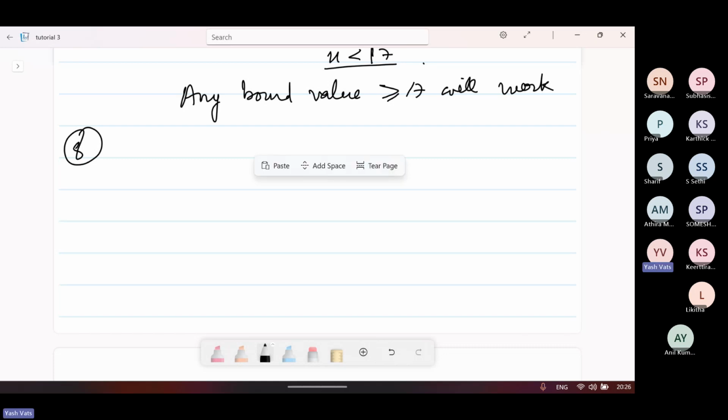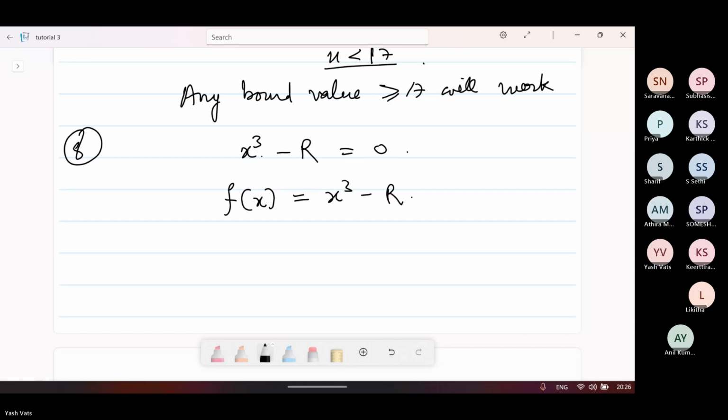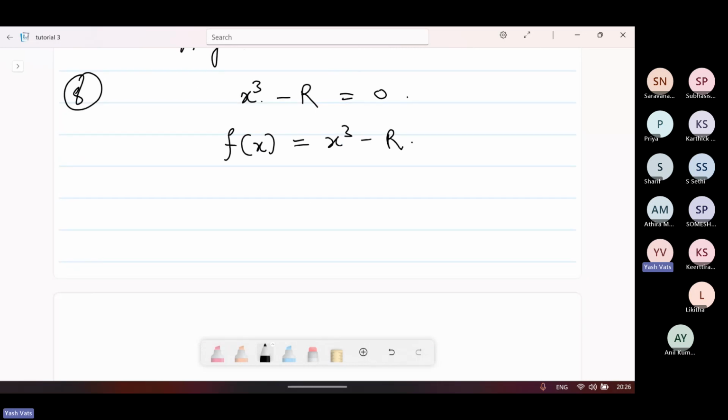So what is the equation we are having? X cube minus r is equal to 0. So what is the value of f of x here? What is the secant method formula?